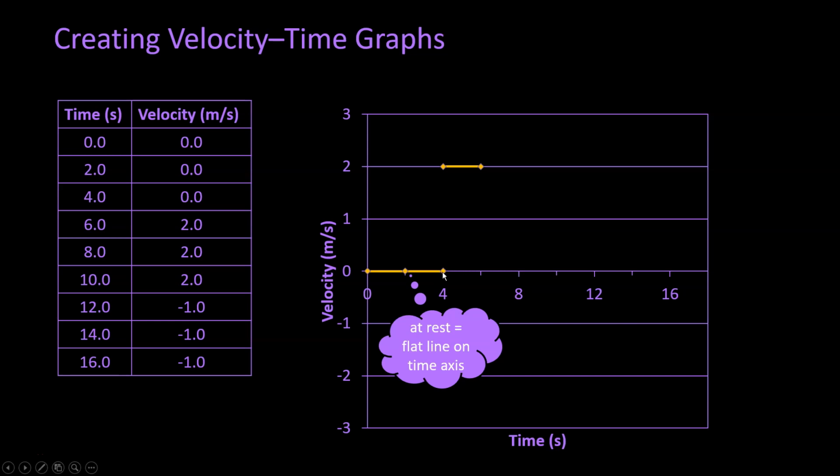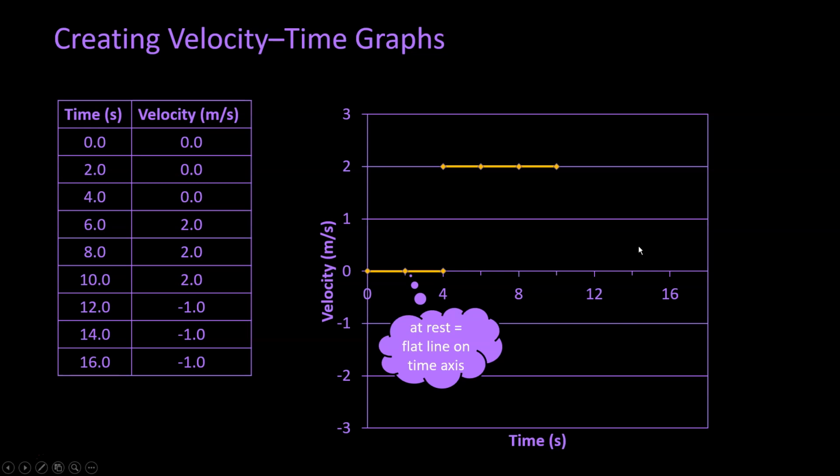What that's saying is at the end of 4 seconds, this object instantaneously went from 0 to 2 meters per second. Now that can't physically happen. It has to take at least a little bit of time. But for beginning to learn velocity time graphs, we're just going to say this change happened instantaneously.